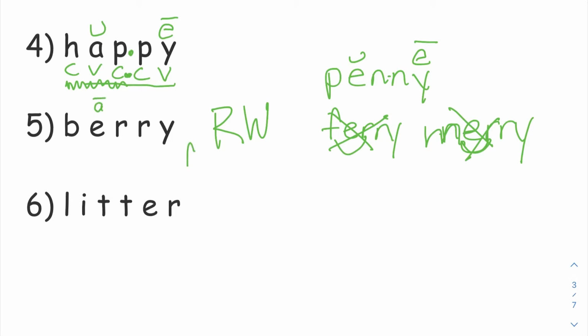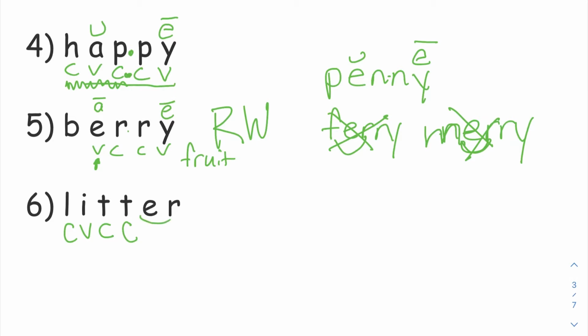And this is like the fruit berries. Okay? We'll still divide in between the two consonants, and that Y is making the long E sound. Just have to be careful with that E there, okay? Berry.